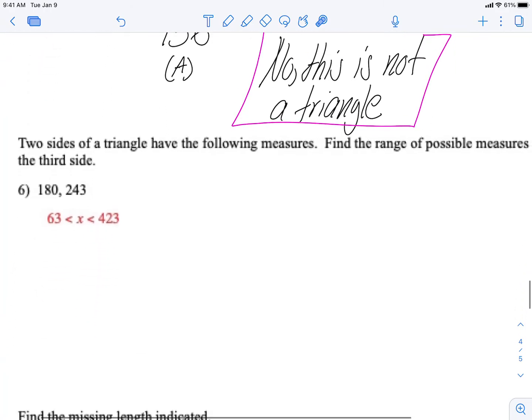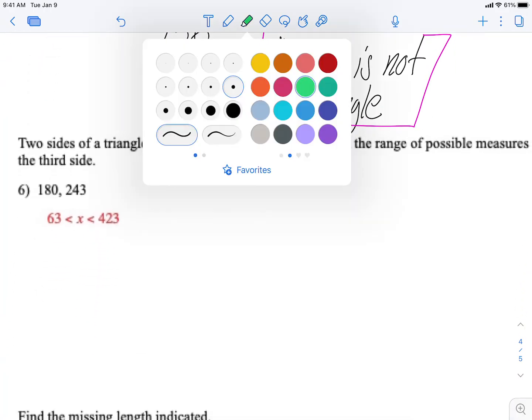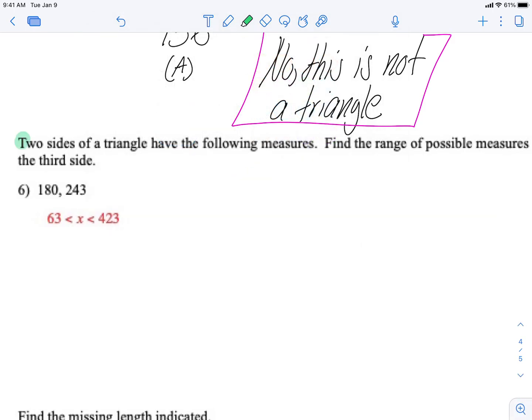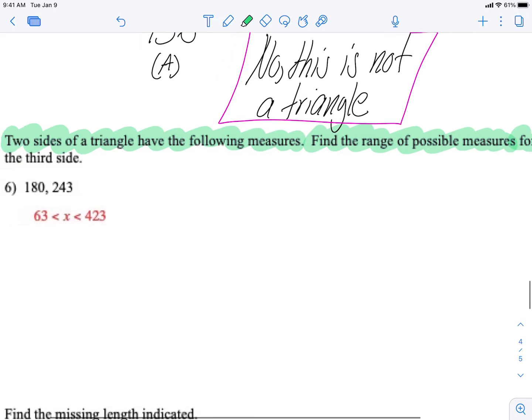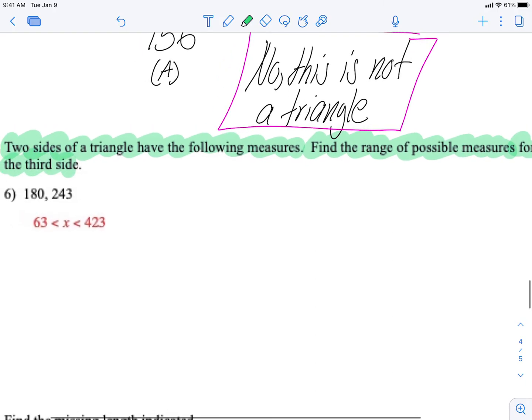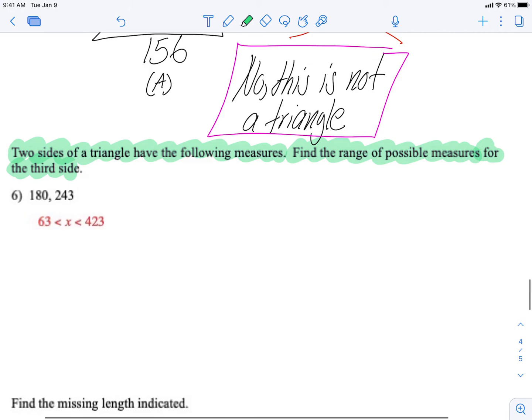Okay, let's see. Next set of instructions here says, two sides of a triangle have the following measures. Find the range of possible measures for, oh, missed that 4 there, the third side. So the range means we need to find the low and we need to find the high.